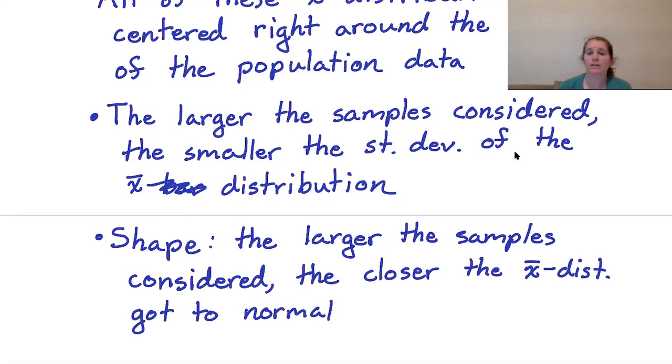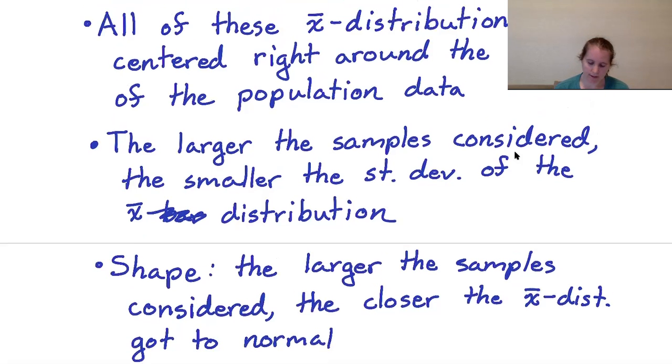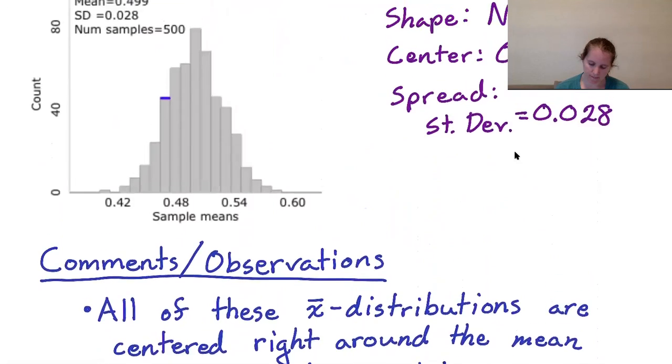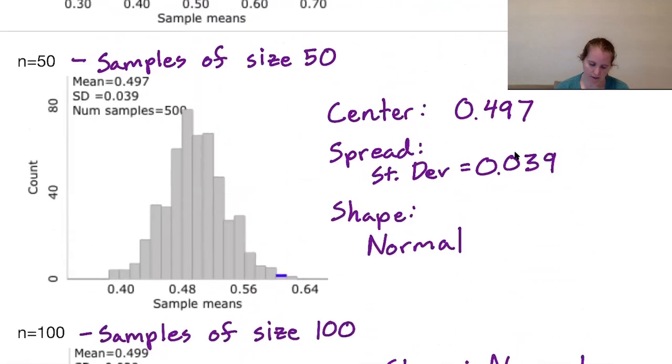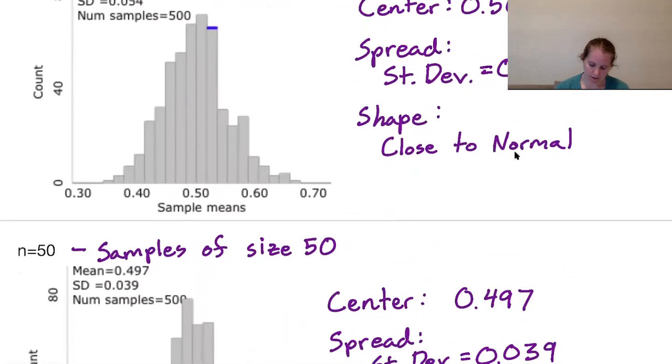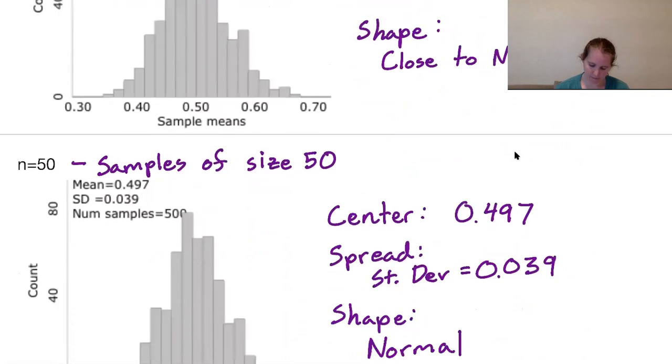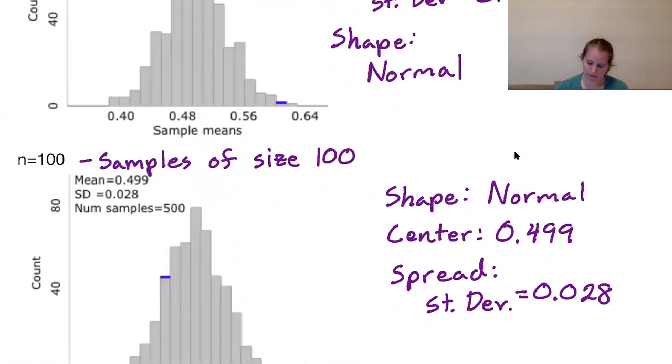So this is just some basic observations. We can get a little more precise with the standard deviations. So if we look at a standard deviation for our samples of size 100 versus the standard deviation of the population, the standard deviation for samples of size 100 for the X-bar distribution is about 1/10 of what was the population standard deviation.